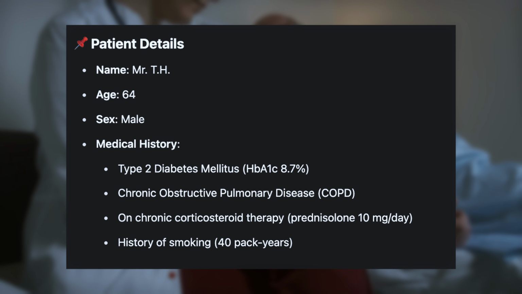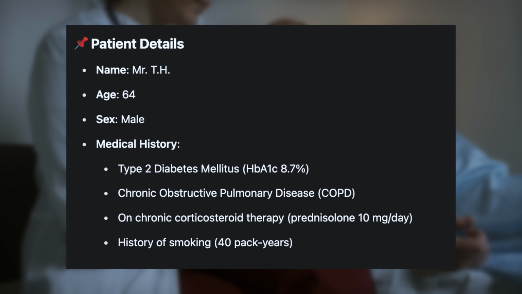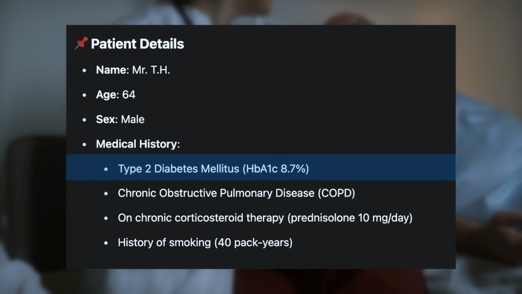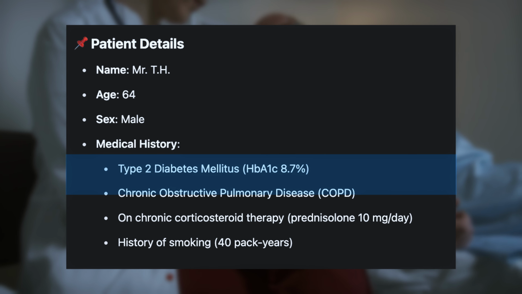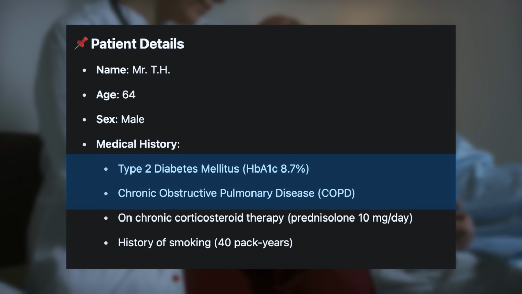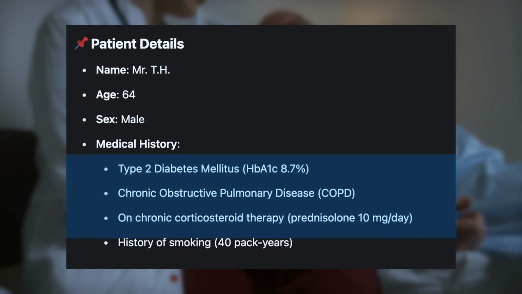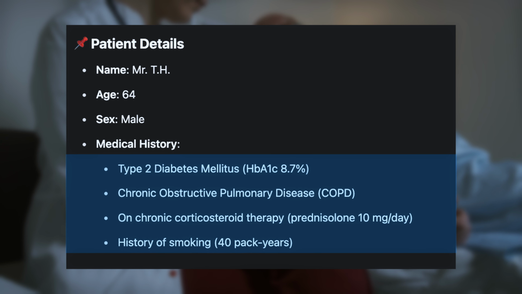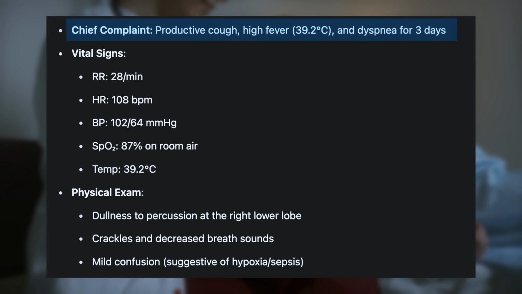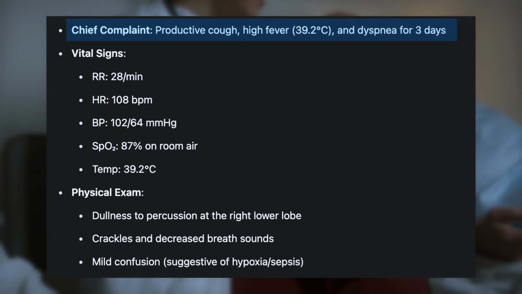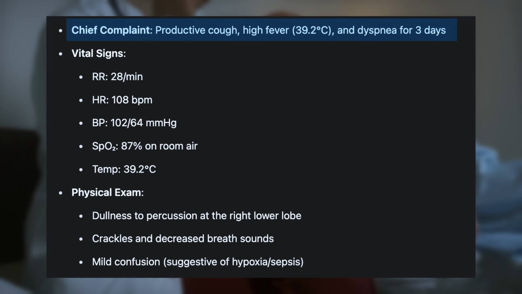Patient named TH, 64 years old male with medical history of type 2 diabetes, chronic obstructive pulmonary disease, chronic corticosteroid therapy, prednisolone 10 milligrams a day, and history of smoking 40 pack years. Comes with productive cough, high fever, 39.2 degrees Celsius, and dyspnea for 3 days.